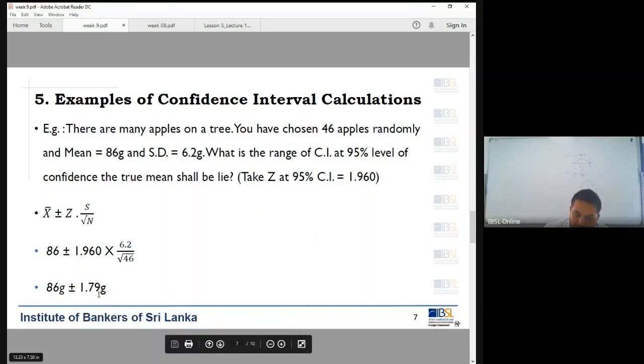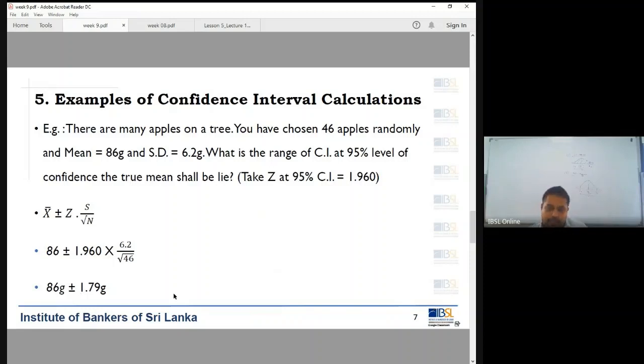You can express the statement as follows: at 95% confidence interval, the true mean shall be 86 grams plus or minus 1.79 grams. So this is merely one example you can calculate.